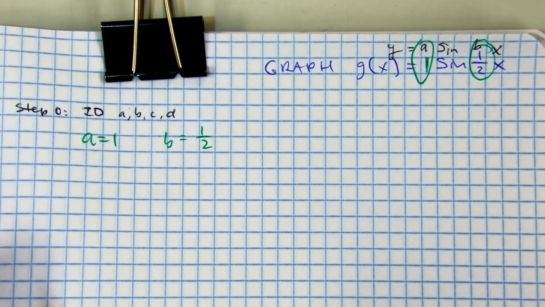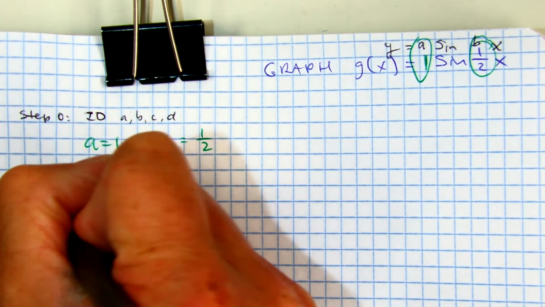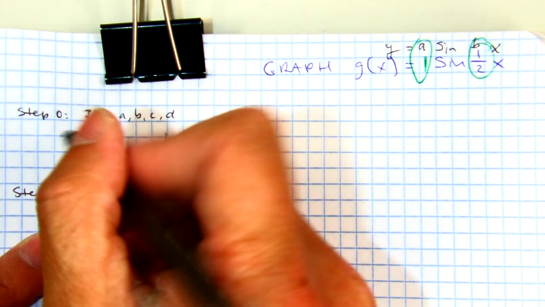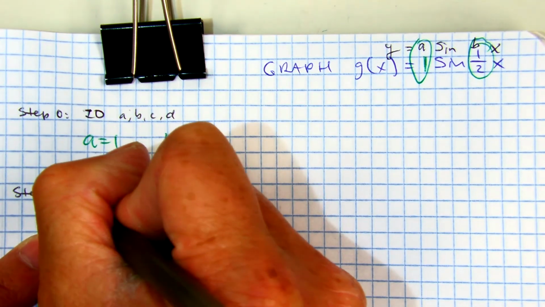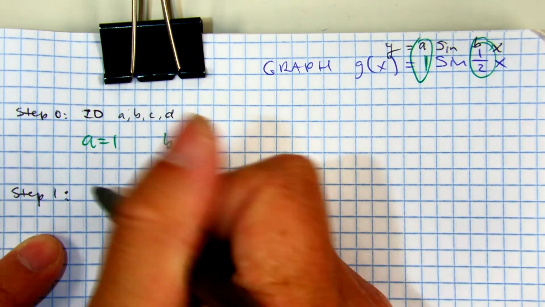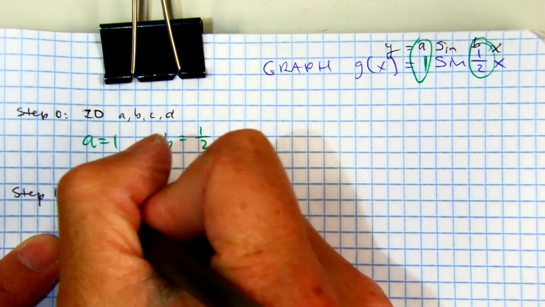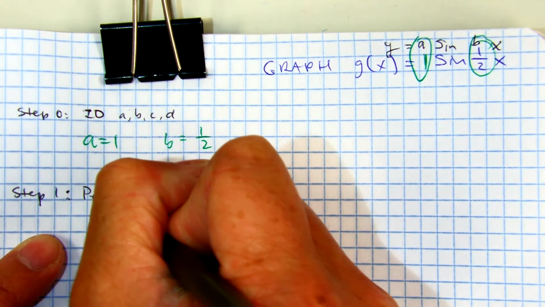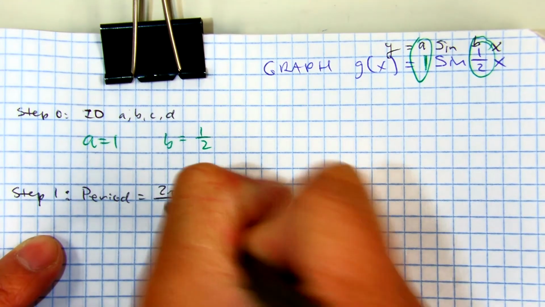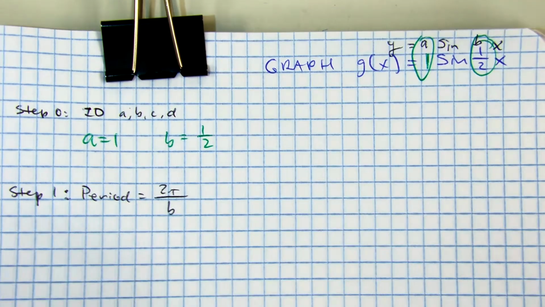Step number 2. Step number 1. Cindy? Find the period. What's your formula? 2 pi over B. Let's put this over here now.